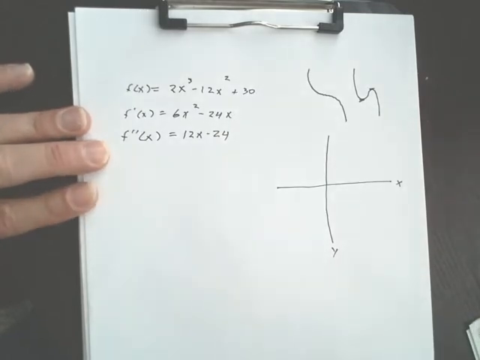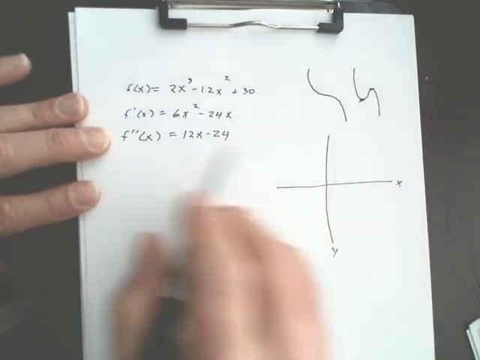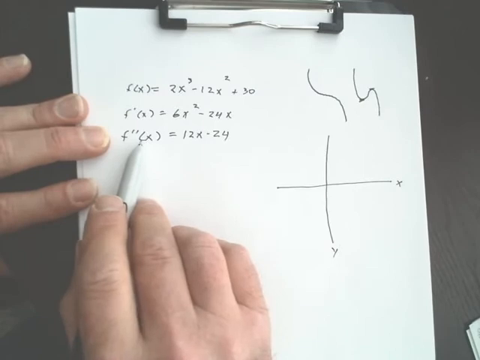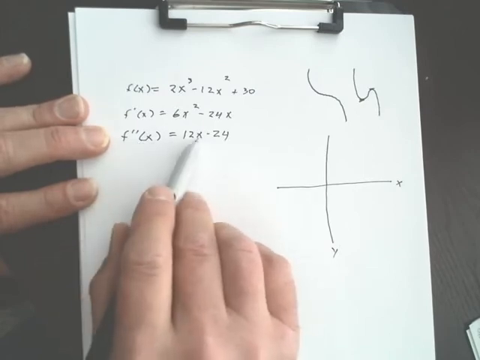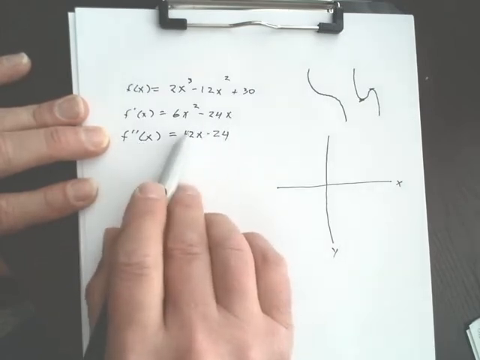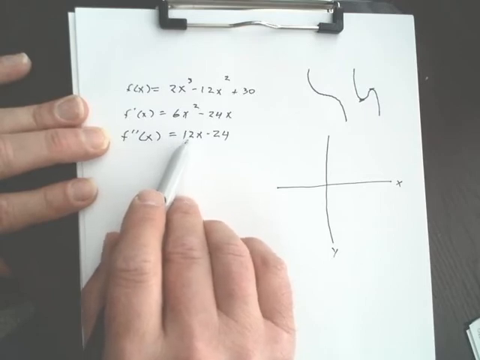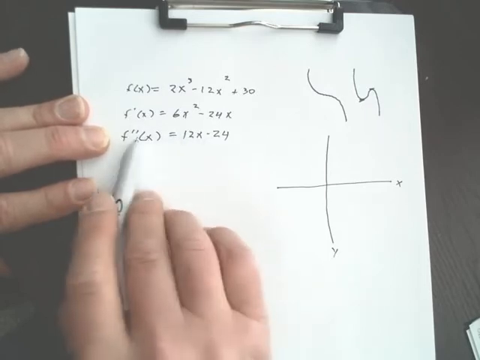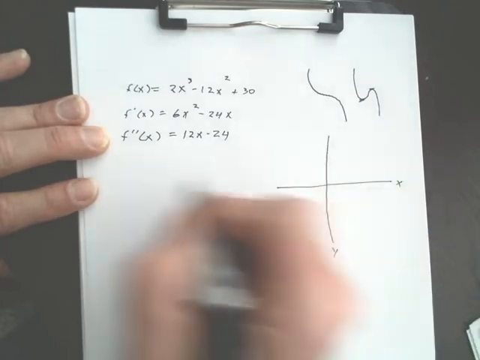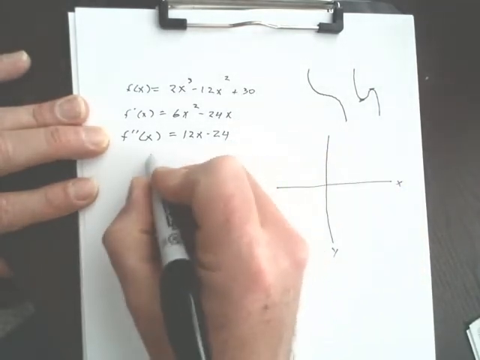Well, let's break out our xy graph, okay? Let's first set the second derivative equal to 0, because we know since the concavity changes depending on x, we know there's going to be an inflection point.